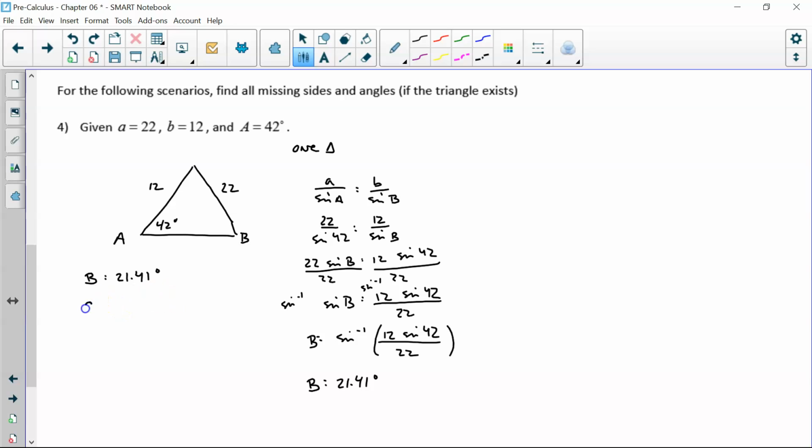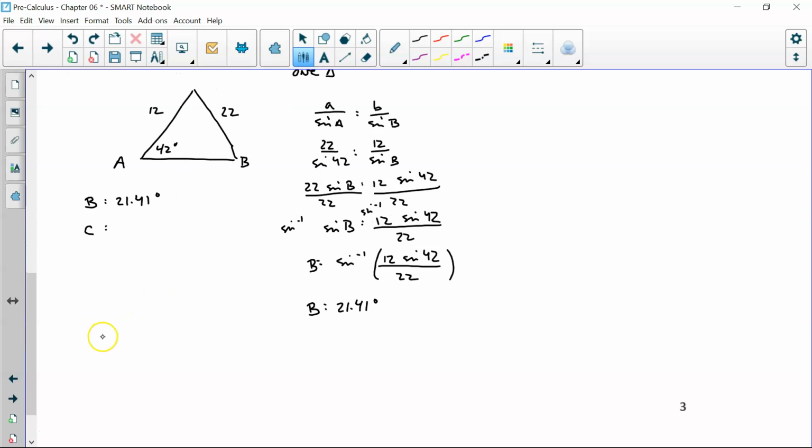Now, angle C. It's a triangle, so we know that angle C is going to be 180 minus the sum of the two angles, 42 plus 21.41. So angle C is 116.59 degrees. This is actually an obtuse triangle, obviously because we have an obtuse angle.